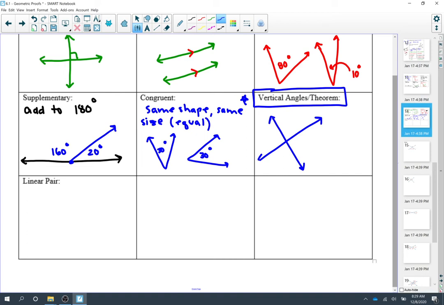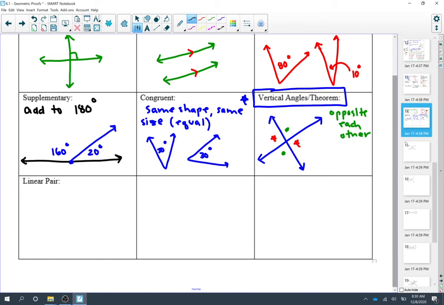So if you have intersecting lines, then the vertical angles are this one and this one. Okay, so they're opposite each other. The other set of vertical angles here would be this one and that one. Okay, because they're on opposite sides, like across from.